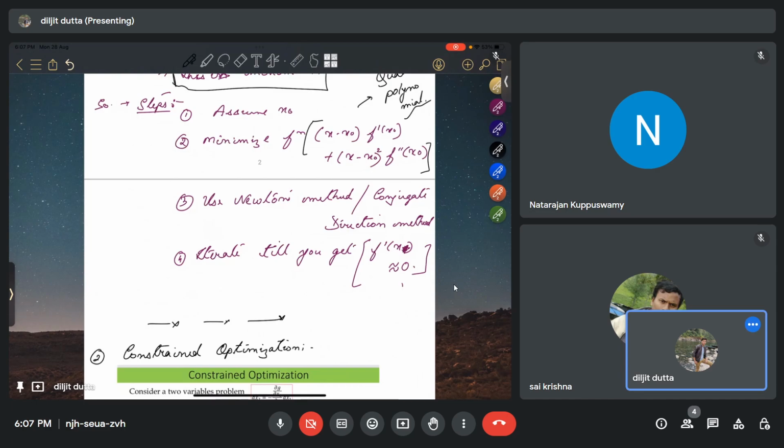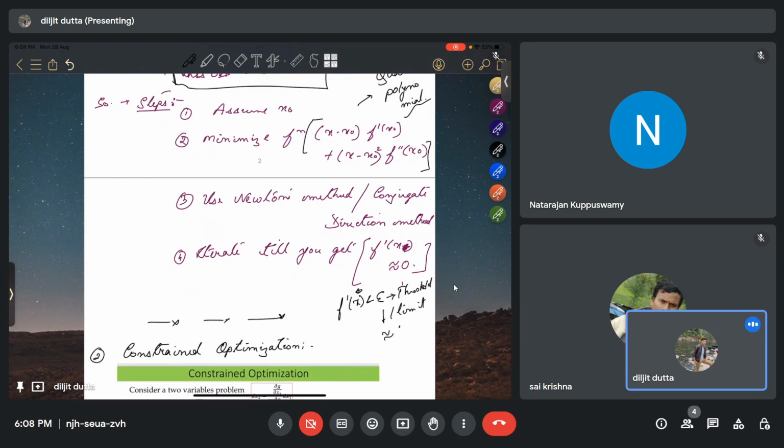So we'll set some epsilon value, the threshold or limit, and if f dash of x star is less than this epsilon, then we'll say that x star is the value where the function has the minima, and if we calculate f of x at that x star, we will say that this is the minimum value of the function. So this will be very near to 0, something like 0.002 or 0.001. You can set something like that based on your requirement.